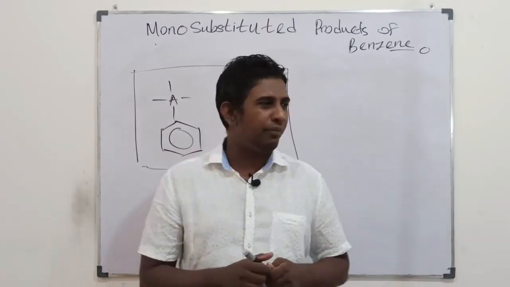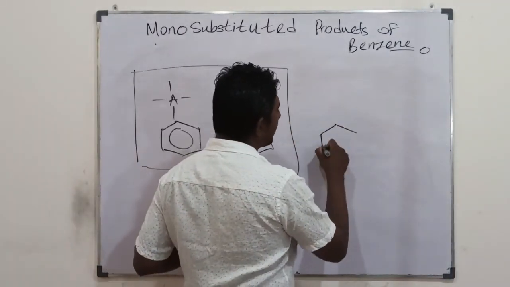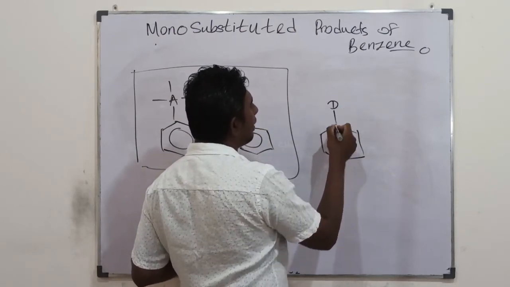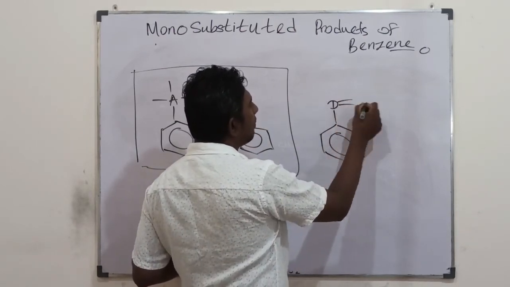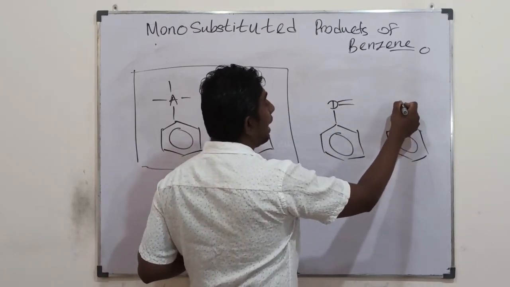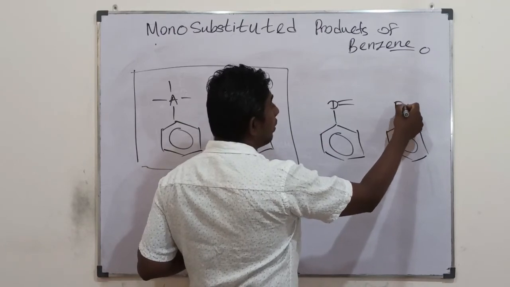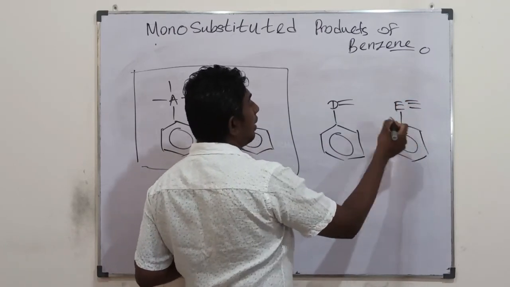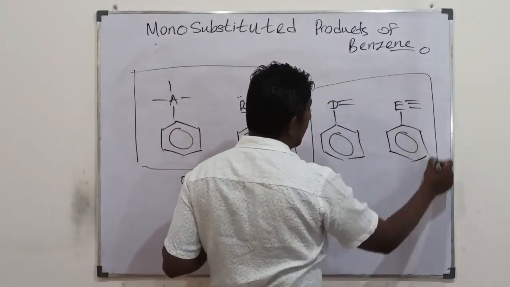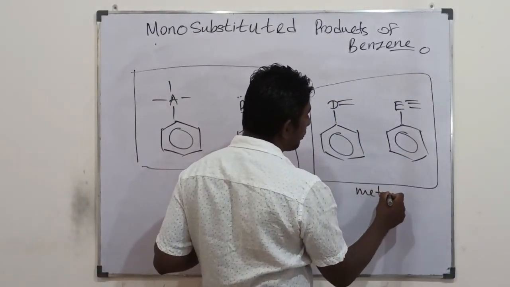Then students, if that atom which is straightly attached to benzene, let's say it's D, has a double bond or triple bonds, more than one bond, then it's a meta-directing group.